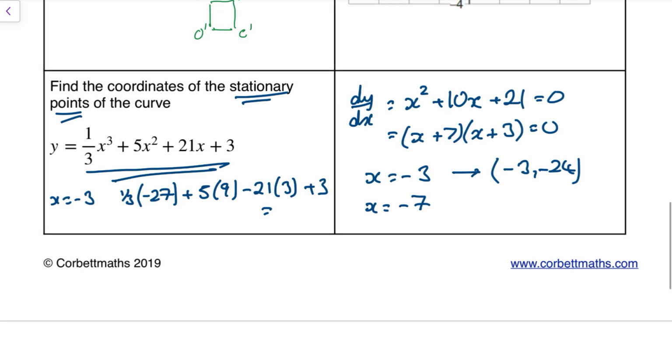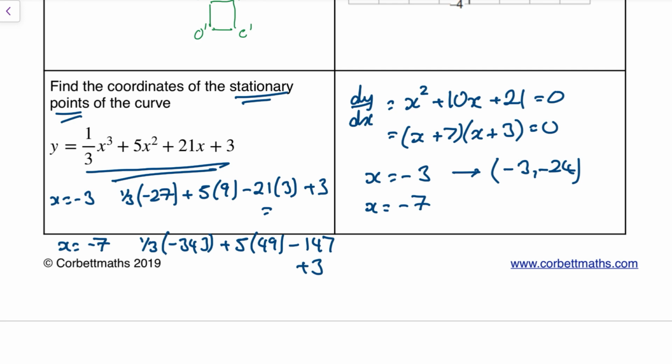Same thing with 7, so this could be a bit messier because it's not going to cancel with 3s nicely. So x is minus 7, which is going to be a third of minus 7 cubed, which is minus 343. Not looking good already, is it? Plus 5 times 49, because the minus goes away, minus 21 times minus 7, which is 147, plus 3.